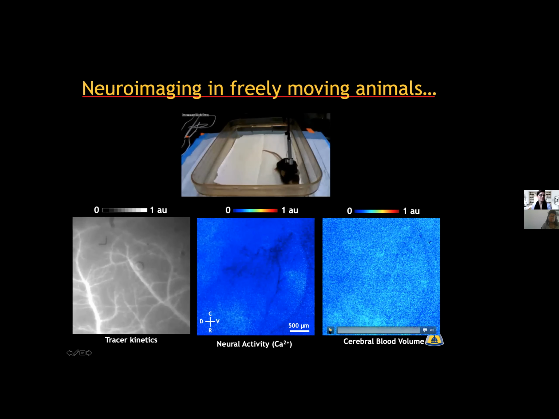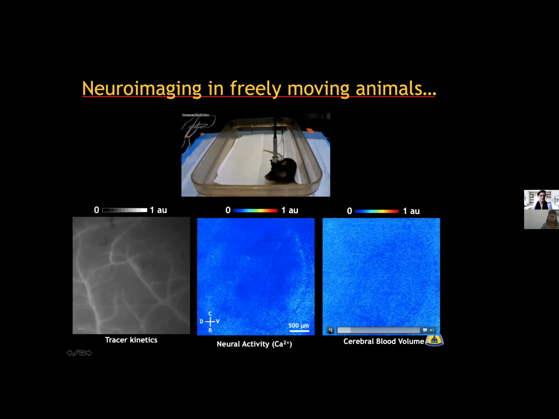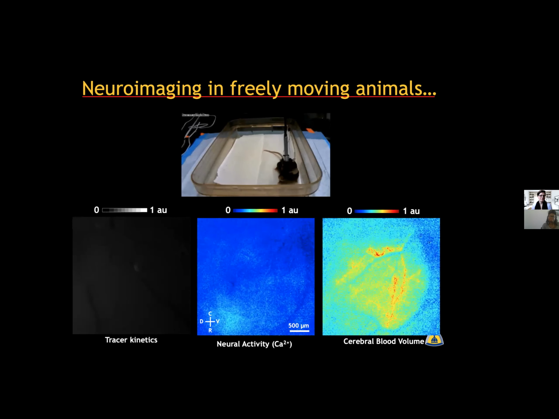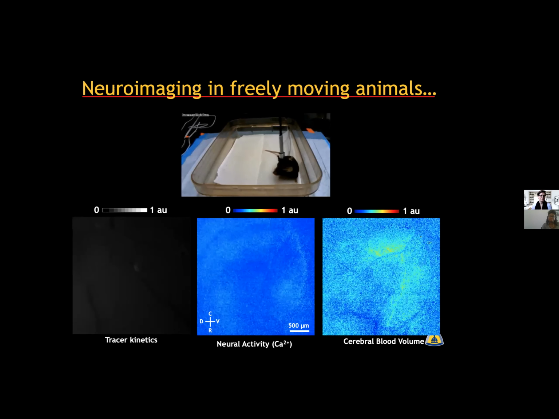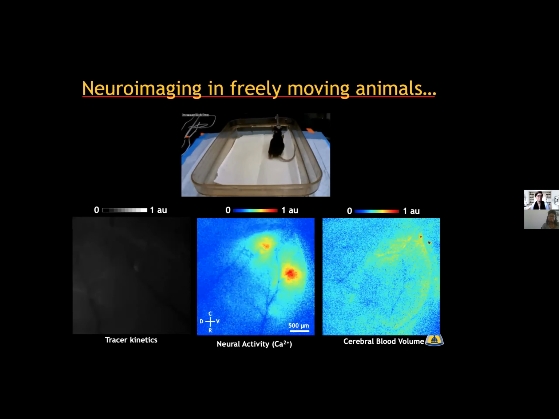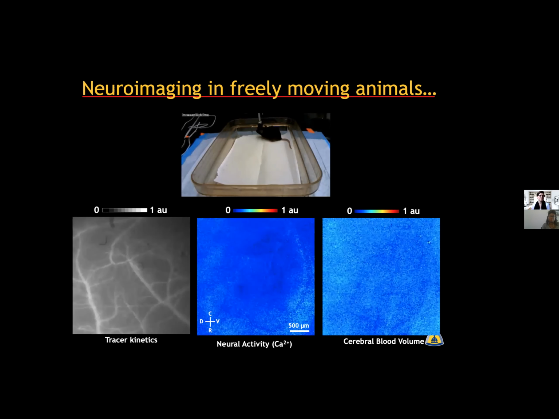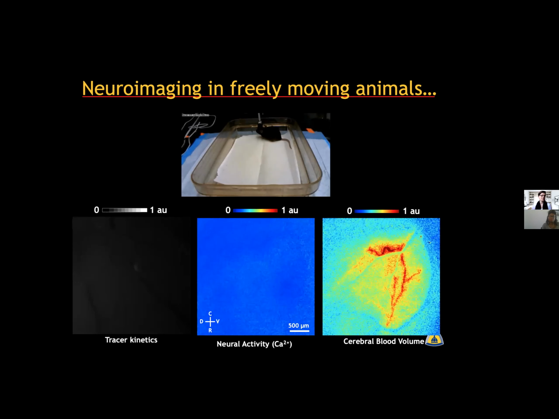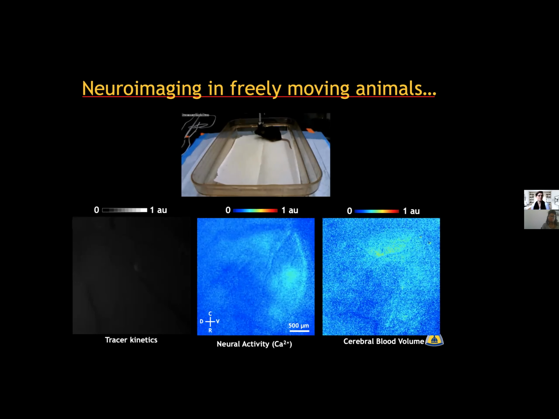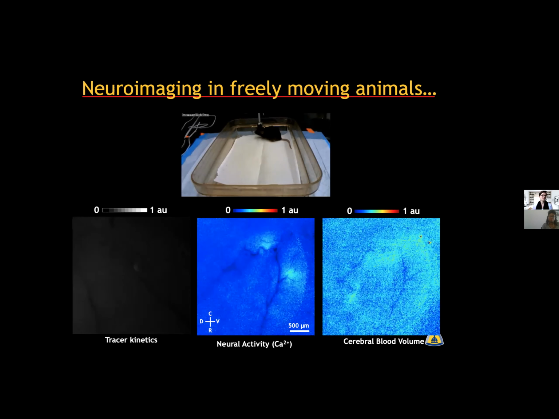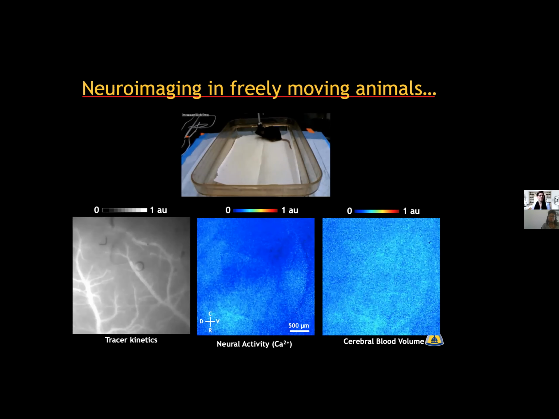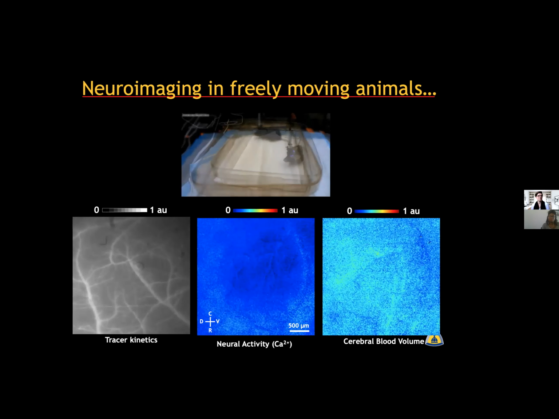And then the last one actually shows you how the blood volume changes in response to that tone. So you can see you get this global increase in blood volume, which is very well known from the neuroscience literature, to supply those neurons with oxygenated blood. So you can see this is a very powerful tool to look at multiple things in live, freely behaving, unanesthetized animals.